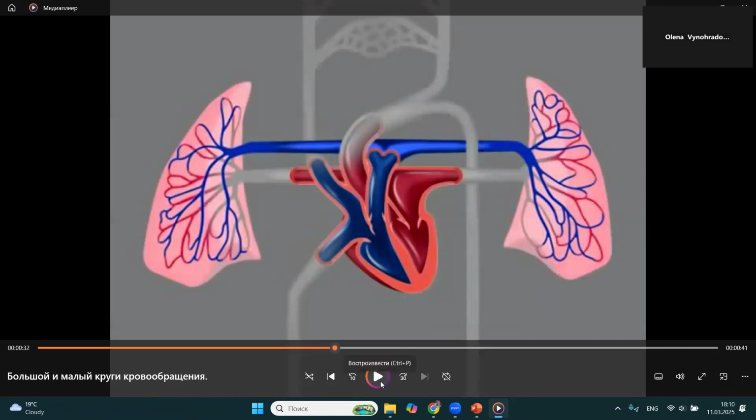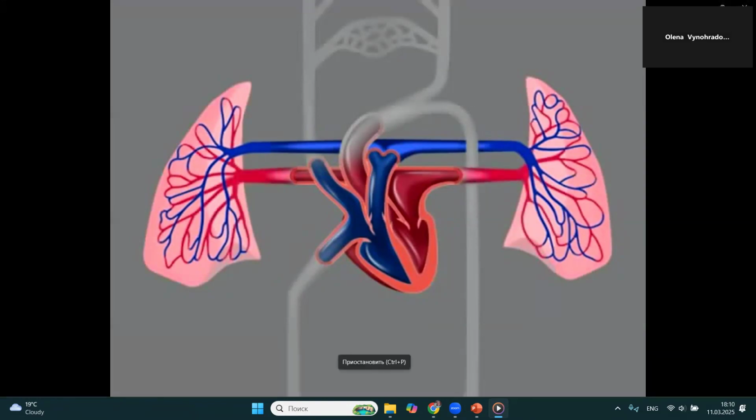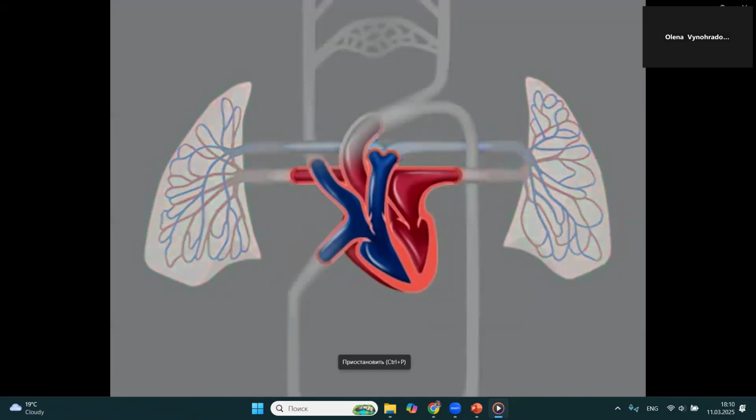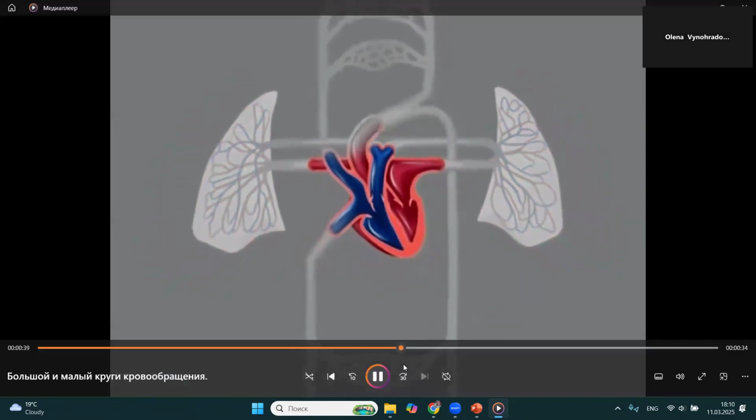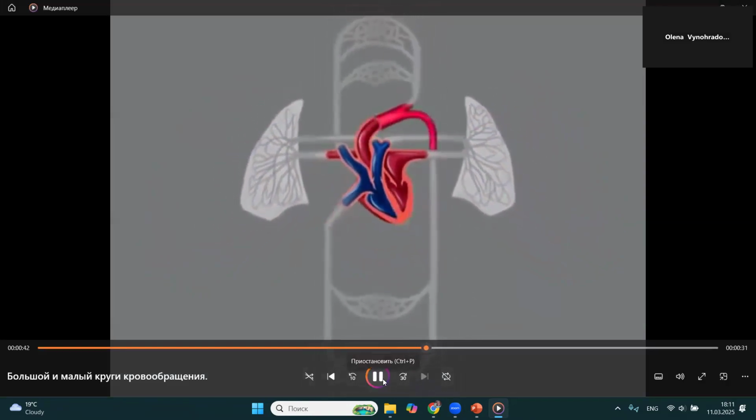In the lungs, we have gas exchange, releasing of carbon dioxide, and our blood is enriched with oxygen. In the visceral, large one, you see that oxygenated blood moves to all our organs everywhere, and we have transportation of oxygen to all our tissues and collection of carbon dioxide.